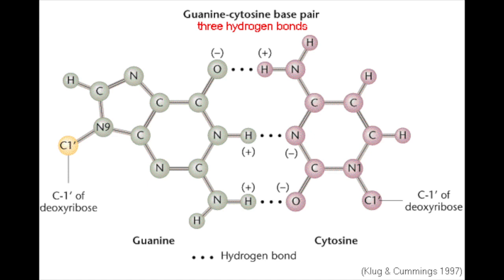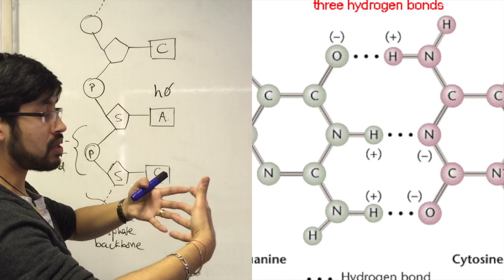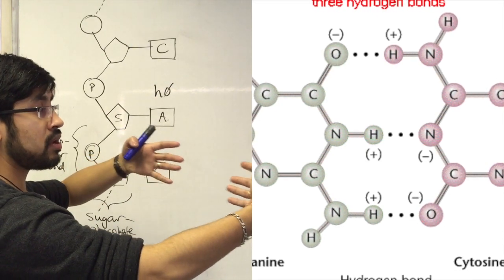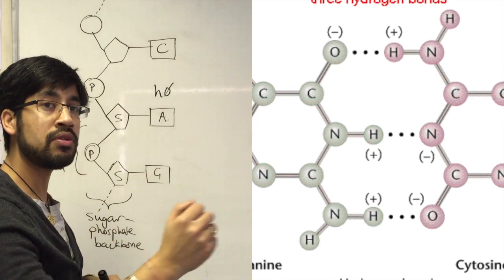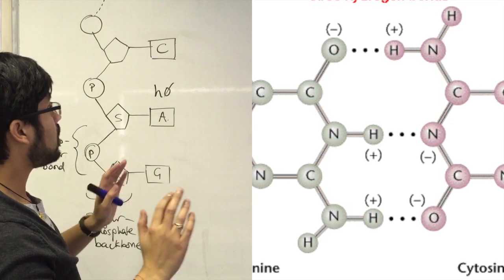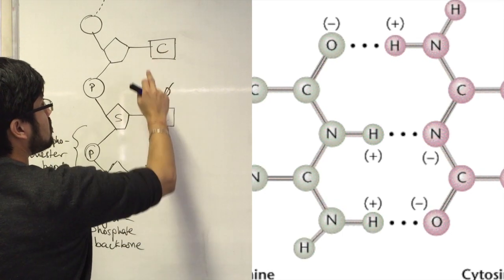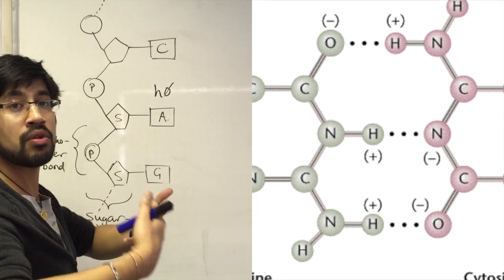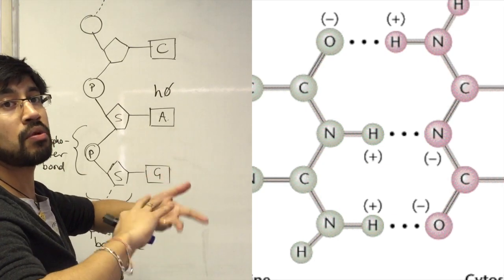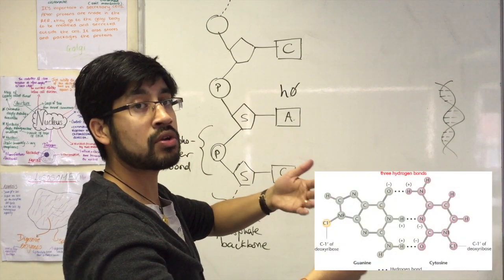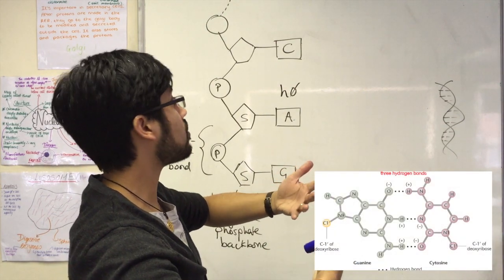If two bases are complementary to each other, i.e. if their positive and negative groups align with each other, they will form hydrogen bonds with each other. Okay? Now, this doesn't occur between cytosine and adenine because the shapes of those molecules are not complementary to each other. Their negative and positive partial charges don't match up with each other.